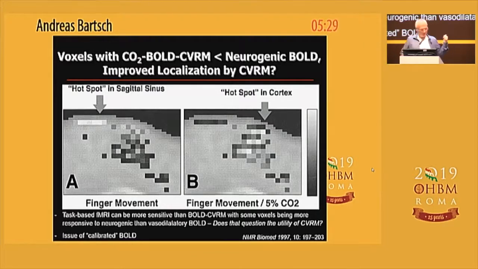But what this paper shows, and that's why I'm showing it, is that there are definitely voxels where neurogenic bold is a bit higher than bold CVRM. And this is what we would not normally think of. So task-based fMRI can be more sensitive than bold CVRM in some voxels. Very important. So there is initial evidence, old evidence actually, for it.